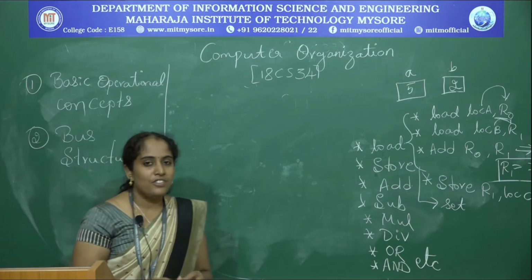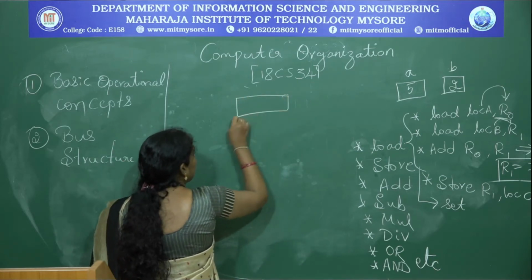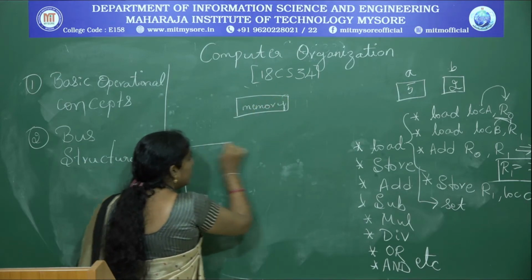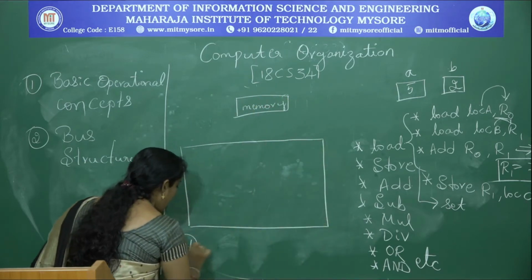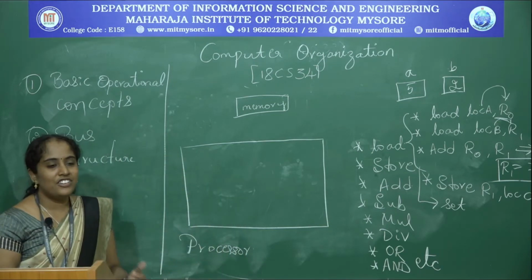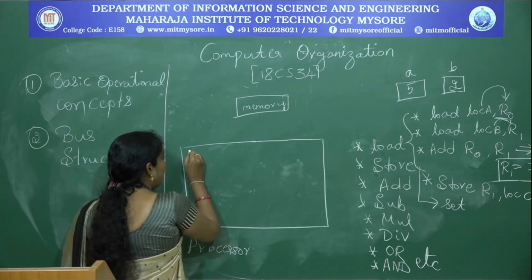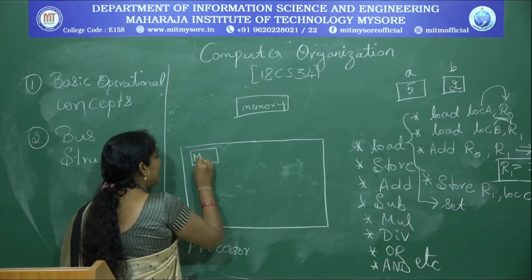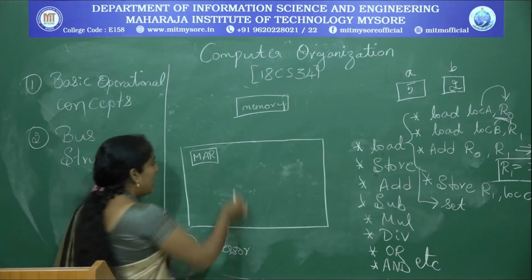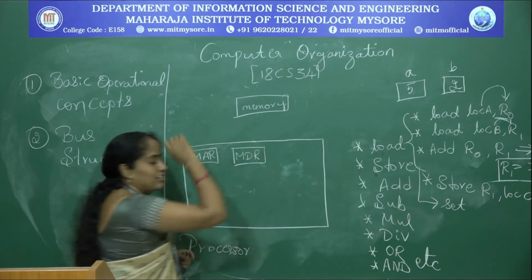Okay. So how will your main memory and processor communicate with each other? For that we are discussing a simple diagram. Say, for example, this is your main memory and this is your processor. Inside this processor we have different types of registers. The first one is the memory address register, and another one is called the memory data register.